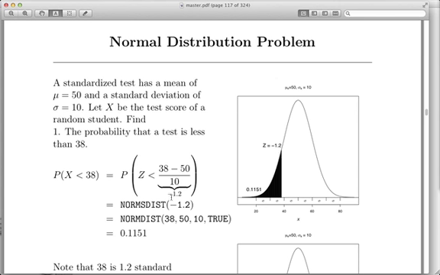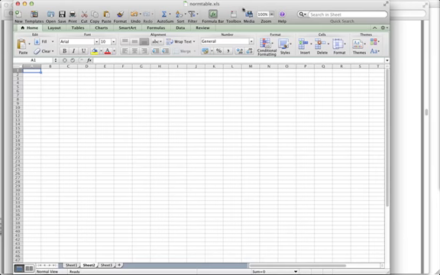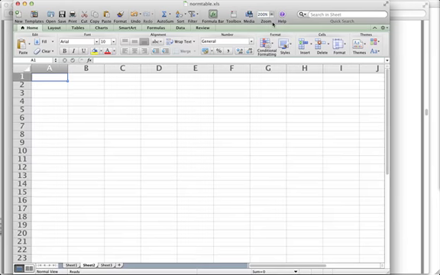Now at this point, I'm going to go either to Excel or to a normal table. If I just go to Excel and type in NORM.S.DIST of minus 1.2, let's go do that right now. Let's go to a new sheet and make the font real big.